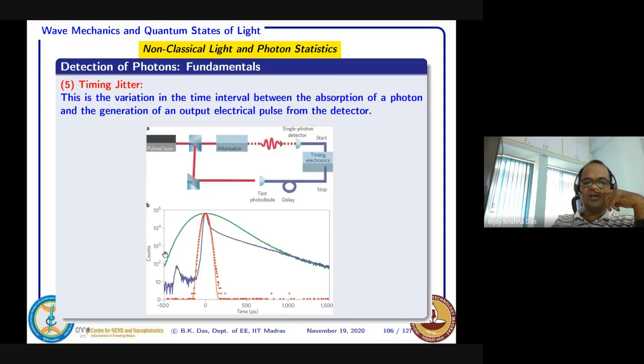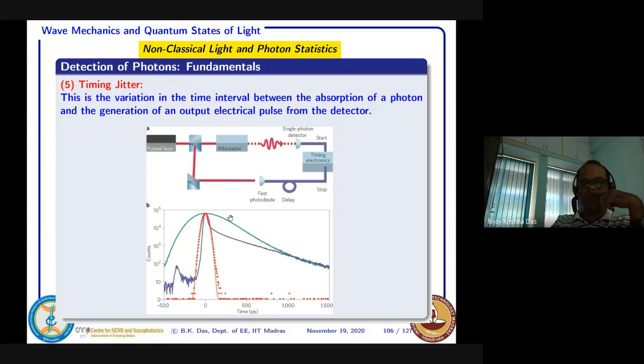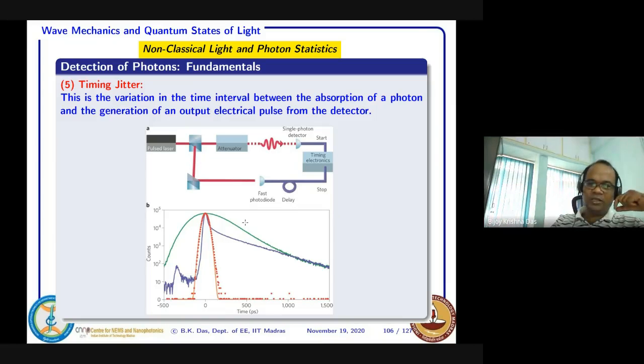The first one is the so-called silicon SPAD, silicon single photon avalanche detector. That is commonly used in the conventional way, particularly in the visible region where silicon photodetectors are good. And this blue curve is an engineered silicon SPAD.